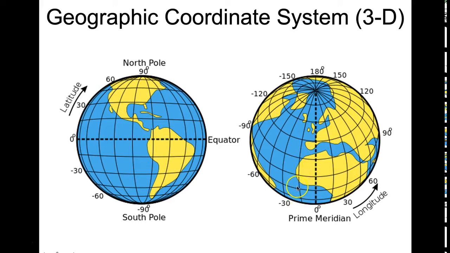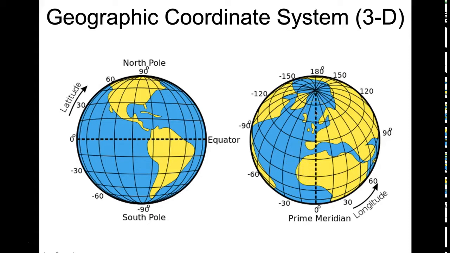So for instance, closer here to the equator, you can see that there's a big distance between these two lines of longitude, and that there's a big distance between these two lines of latitude. So the physical distance represented by a degree is roughly the same here, whether you're talking about the distance between two longitudinal bands and whether you're talking about the distance between two latitudinal bands.